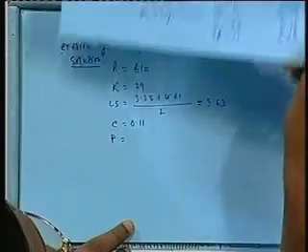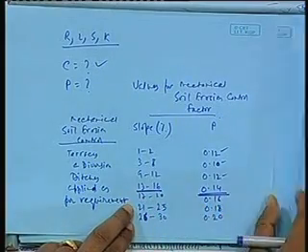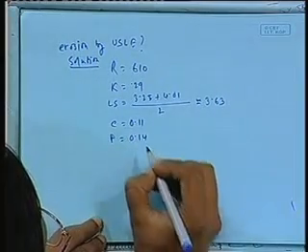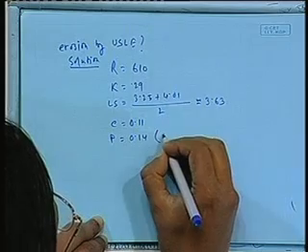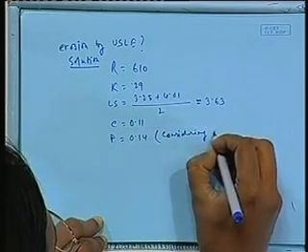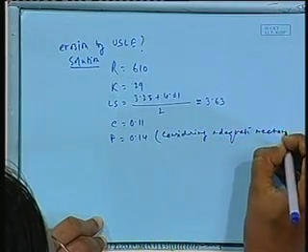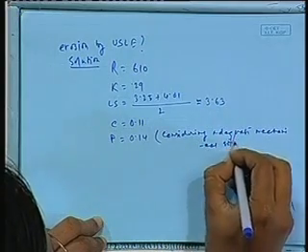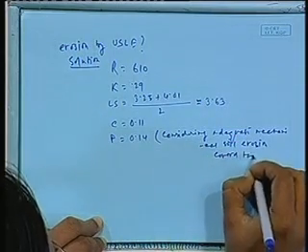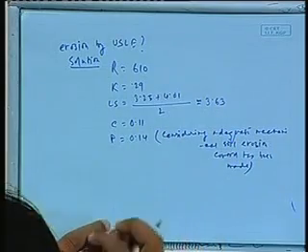For this 15% slope, you can see the value is 0.14, considering that adequate mechanical soil erosion control has been made. So this P becomes 0.14.